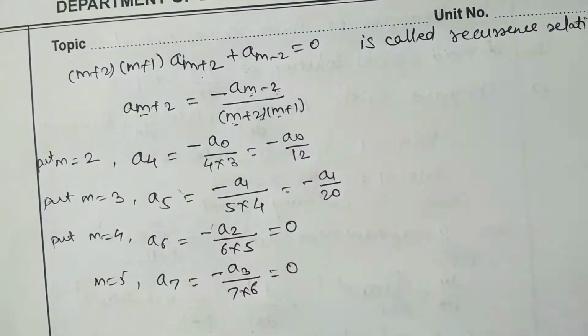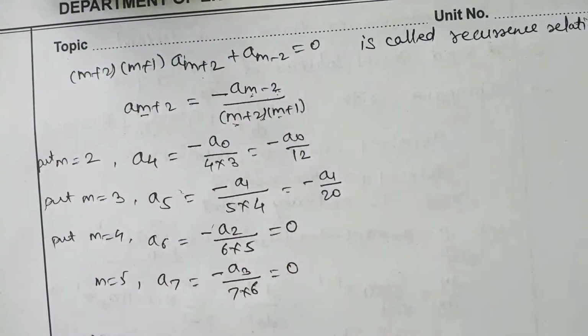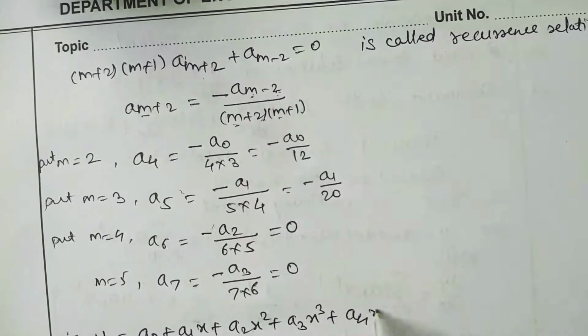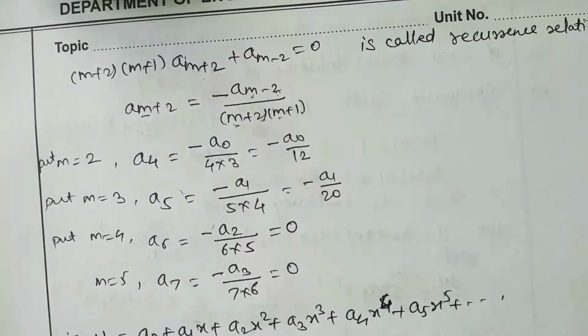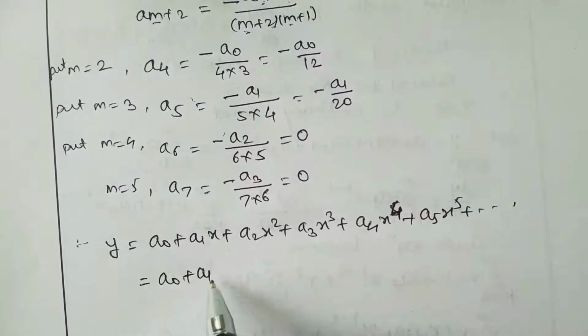Now our solution becomes, what we considered in the first step, y = a0 + a1x + a2x^2 + a3x^3 + a4x^4 + a5x^5 + and so on. So putting the values of a2, a3, a4, a5 here, this equation becomes a0 as it is, a1x as it is.